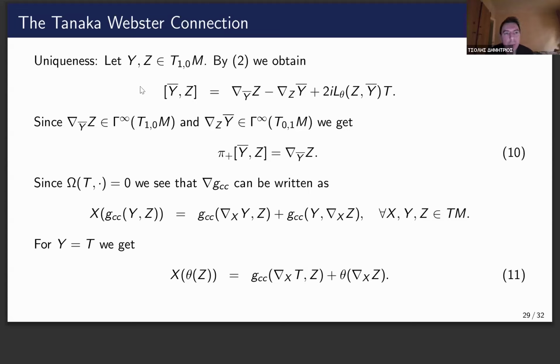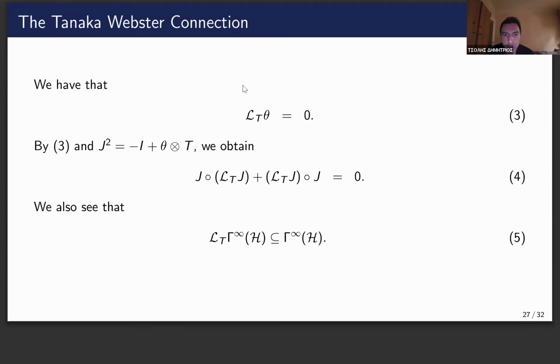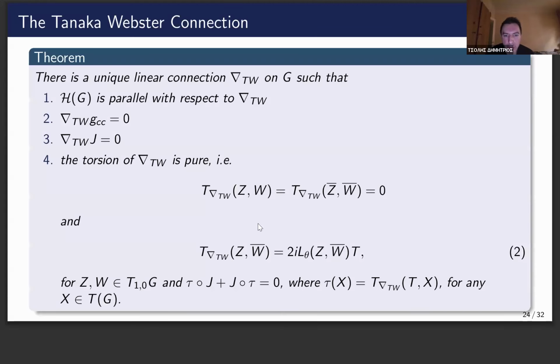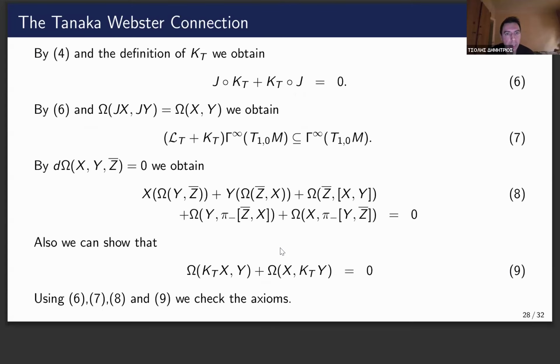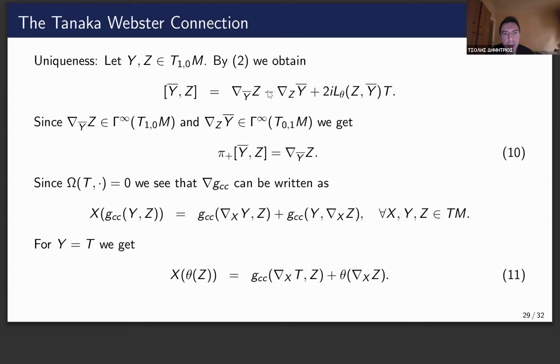So essentially, we start with two holomorphic vector fields. And by T, let me remind you what this is. It's this thing here. By using this relation, we can eventually obtain this formula here about the Lie brackets.